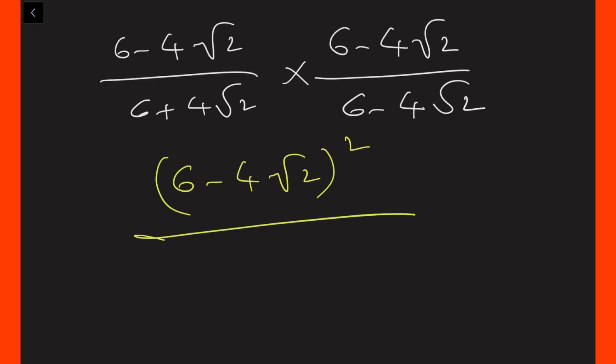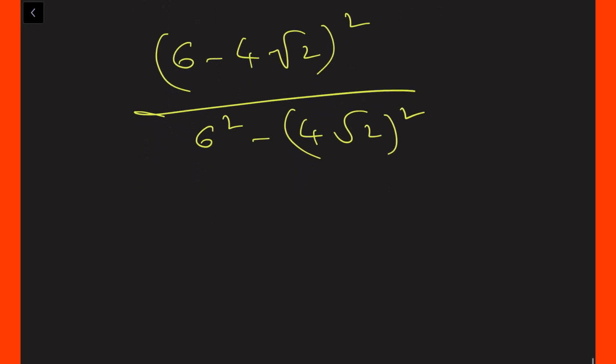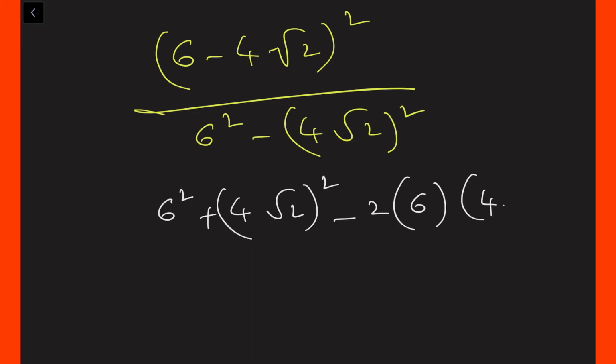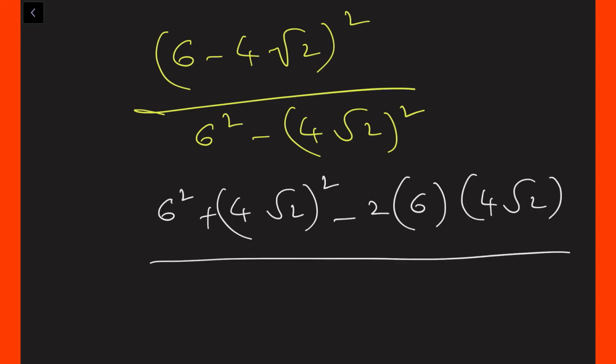Whole divided by, as I already said, in the denominator always the a square minus b square formula only. So 6 square minus 4 root 2 whole square. In the numerator, 6 minus 4 root 2 whole square is in the form of a minus b whole square. So if we expand, a square plus b square minus 2ab, divided by 6 square, 36, minus this 4 root 2 whole square.